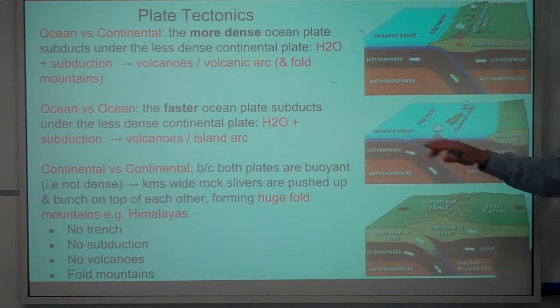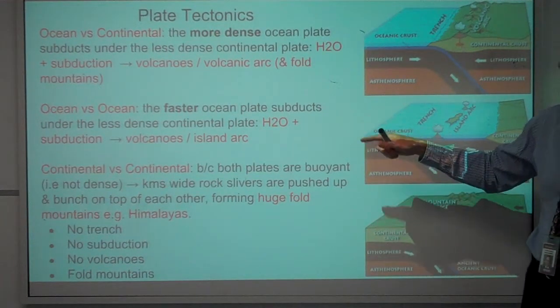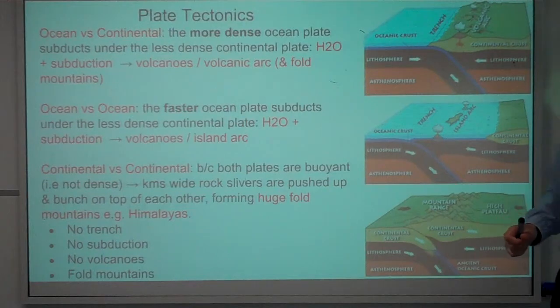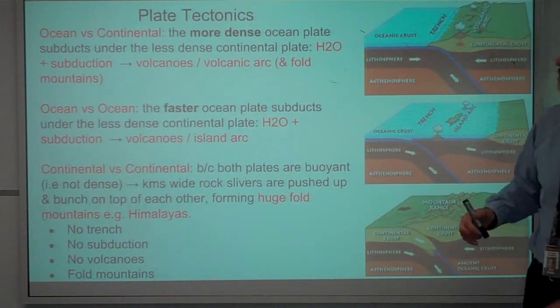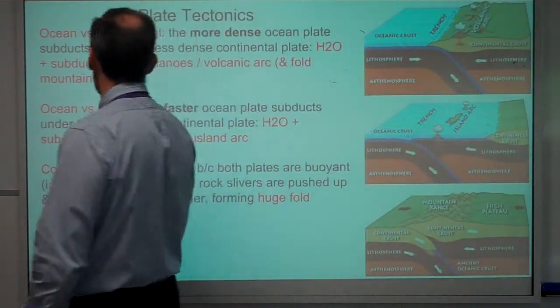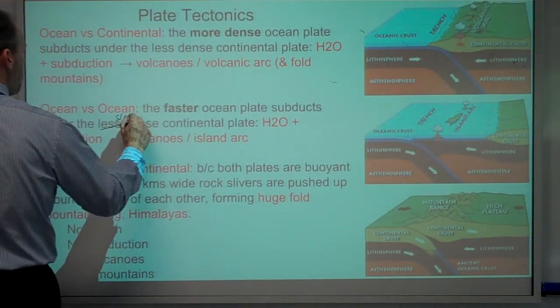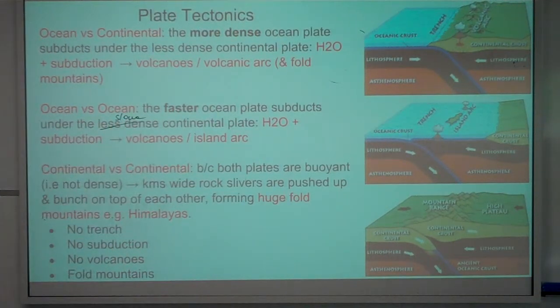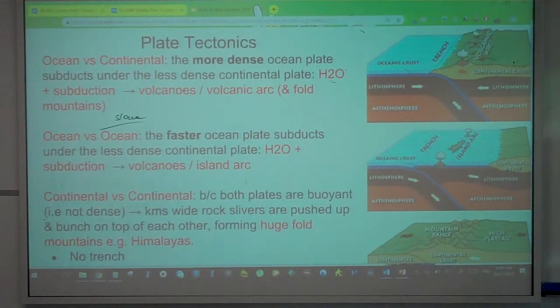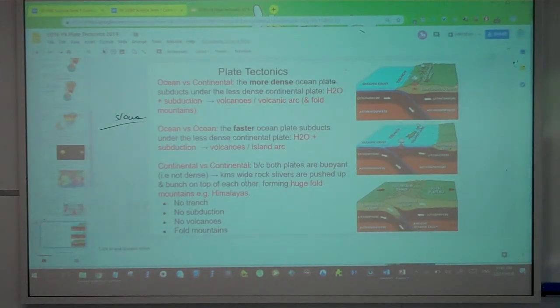Now, if you get ocean versus ocean, the faster ocean plate subducts under the less dense. Oh, that should be slower. Let's fix that up. That's the beautiful thing about electronic slideshows. Oh, look at that. That's a typo.